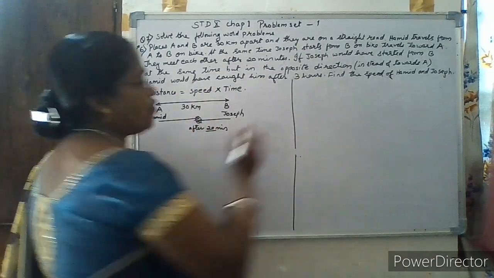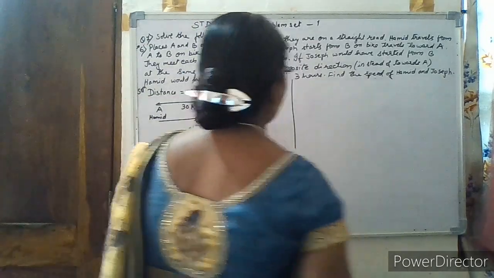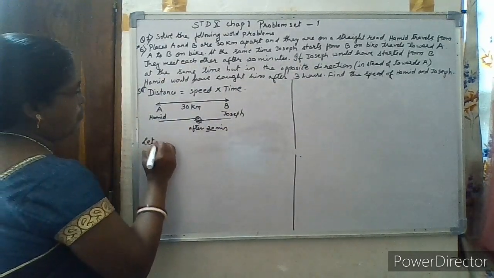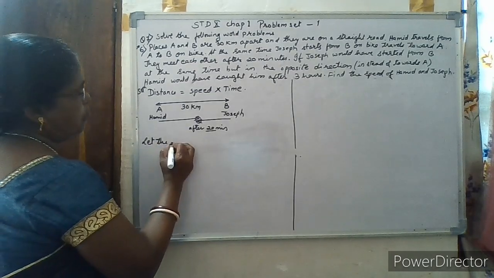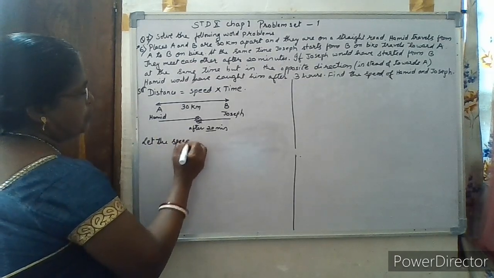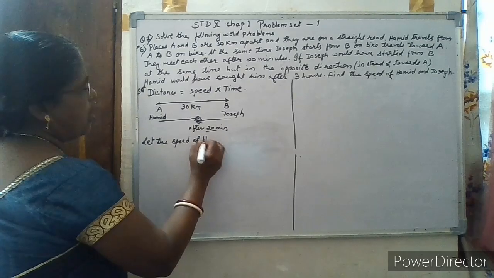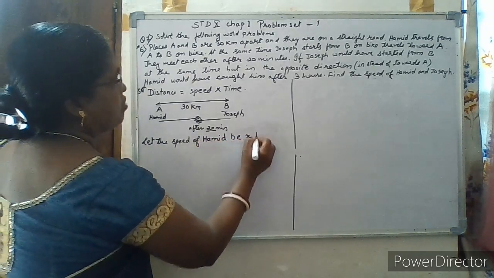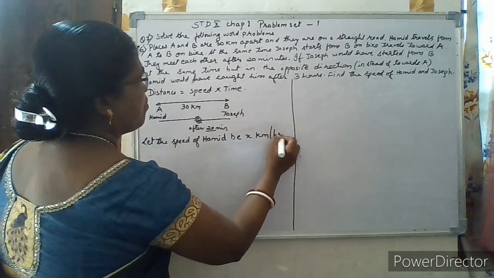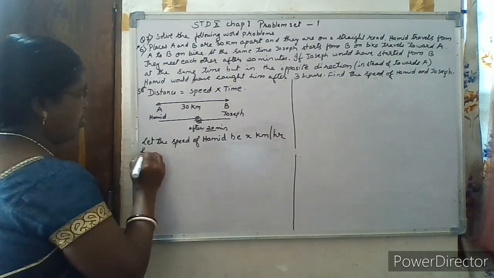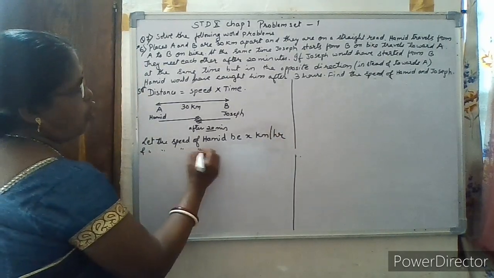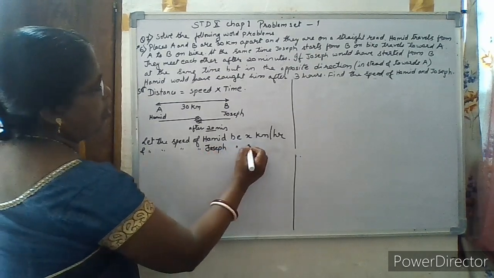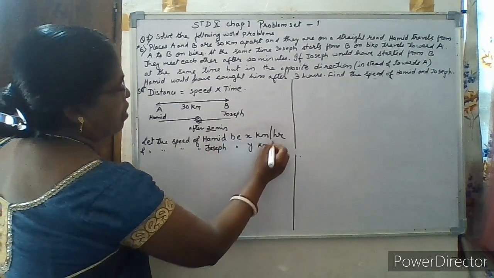As we have to find the speed of Hamid and Joseph, so let the speed of Hamid be x kilometers per hour and let the speed of Joseph be y kilometers per hour.